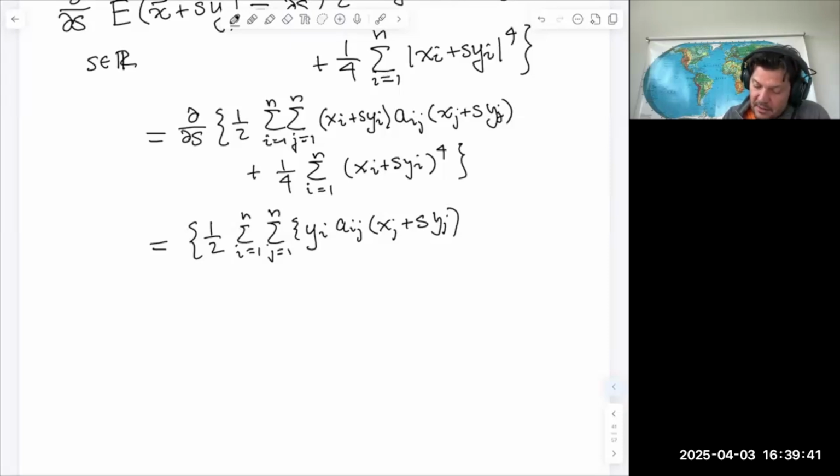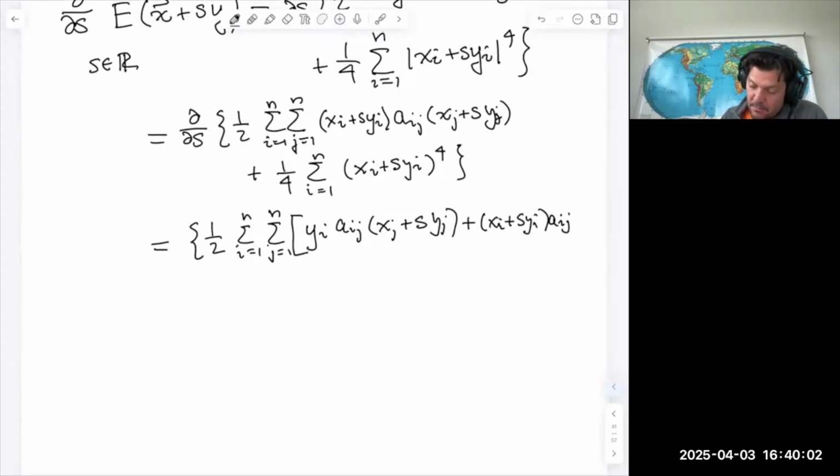And now we have to take the second term of that. We've already got a curly bracket, so let's use a square bracket. Now let's take the next derivative of that. That's going to be (x_i plus s y_i) a_ij times, and this one is just going to be y_j, square bracket.